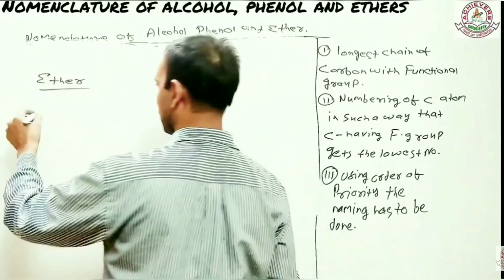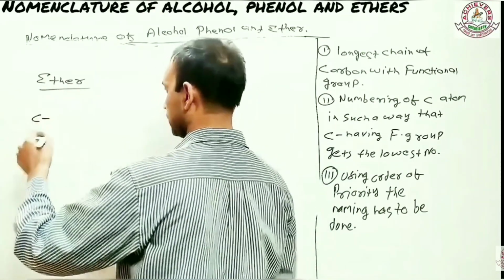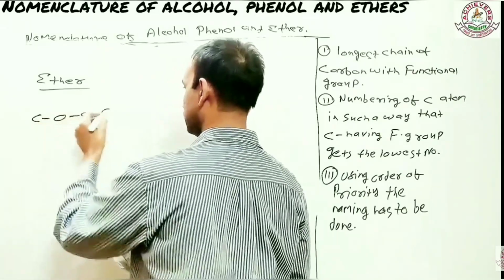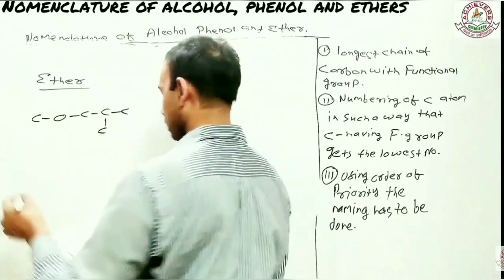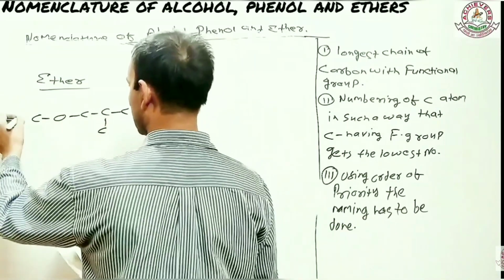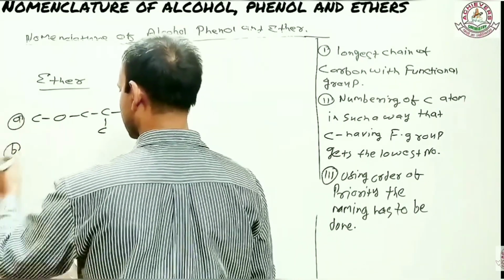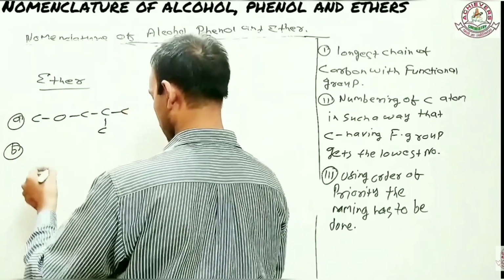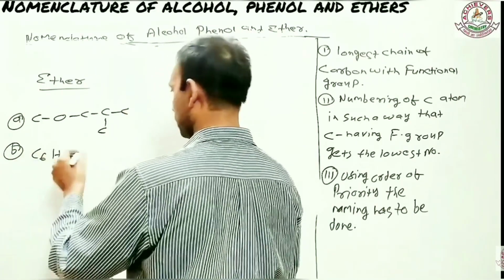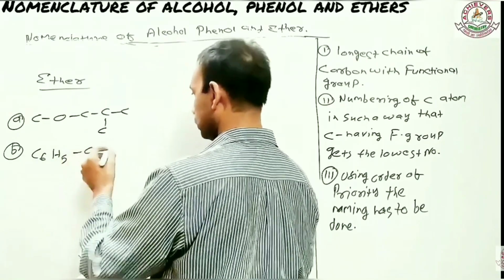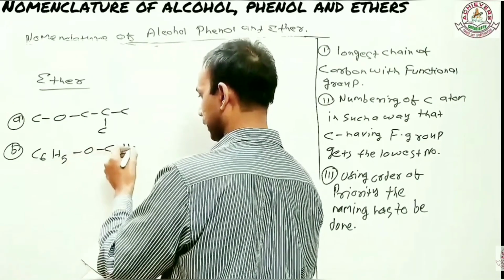So in ether, the first example I see is, I'm not bothering about hydrogen anymore. So CO, C, C, and then there is one more C and another C right here. Okay, what is the second one? This one is your first one. Let's take the second one. The second one is C6H5, O, and then C2H5.